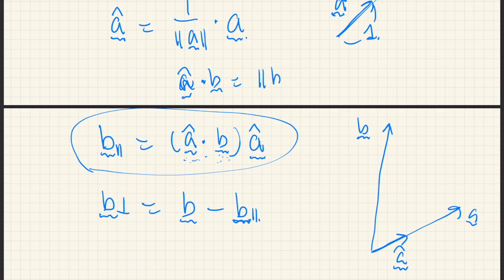So this becomes B norm times cosine theta. So theta is the angle between A and B. Okay, so this is this.